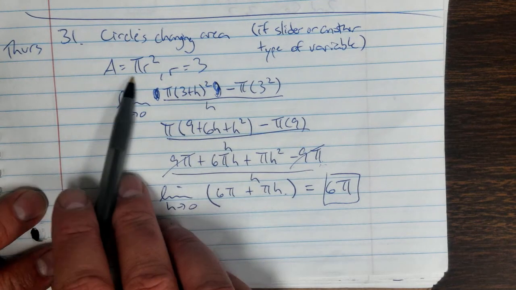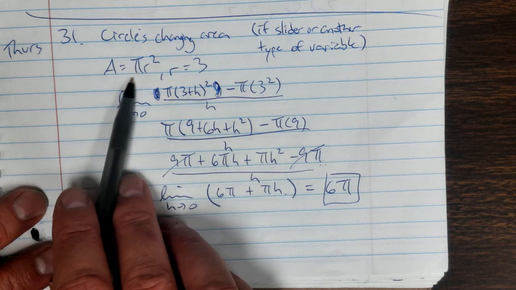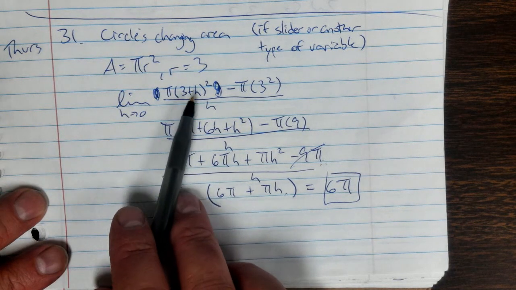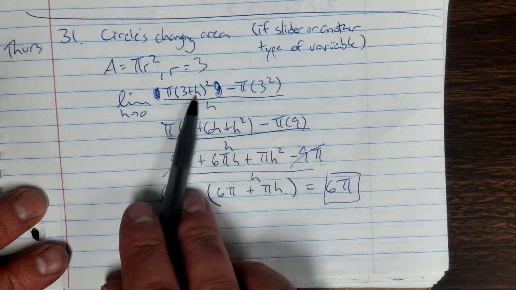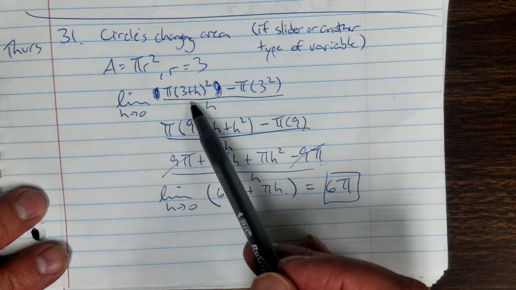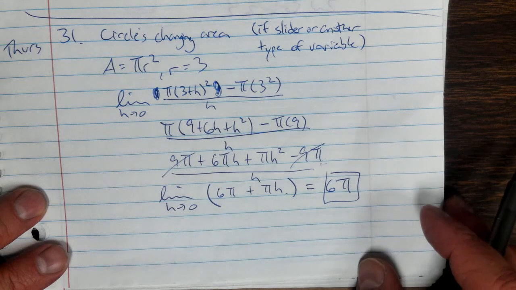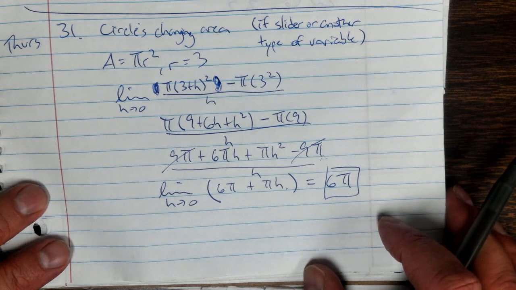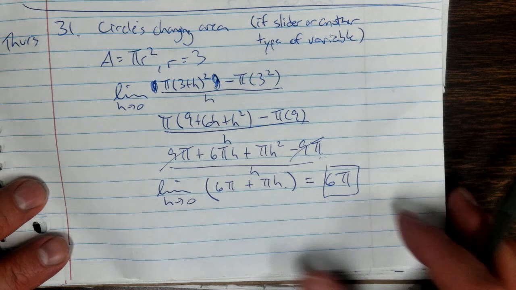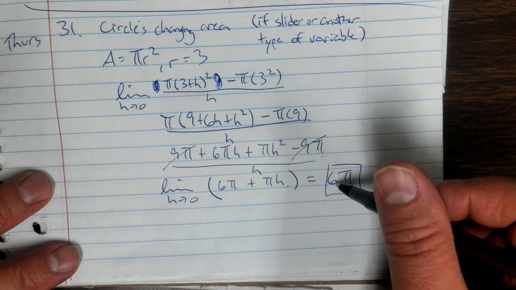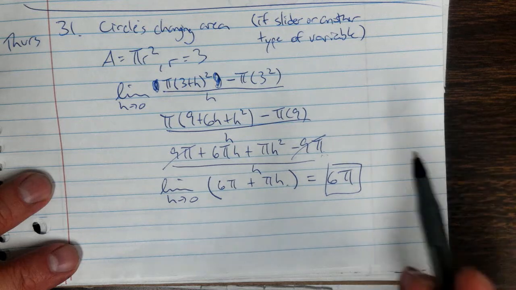So we have area is pi r squared, which is the area of a circle, and we have a radius of 3, and we're using 3 plus h, so 3 plus a little bit, basically. And on this one, it doesn't look like you could probably type that in, because you'd get a decimal that you're not going to recognize. You should end up getting 6 pi after doing this work.